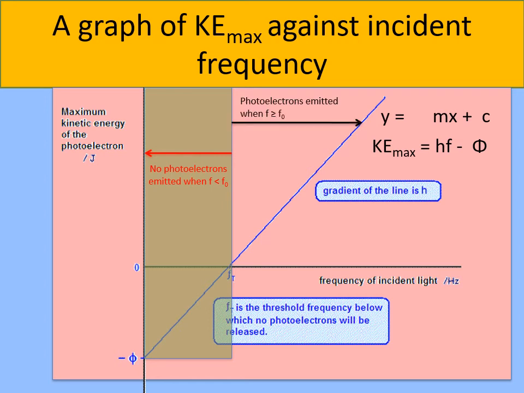Now, some electrons in the metal are closer to the positive metal ions than others. Their relative positions affect how much energy is required to free them. The work function is, as we know, the minimum energy required to free an electron from the metal. Most electrons need a little more energy than the work function to free them.